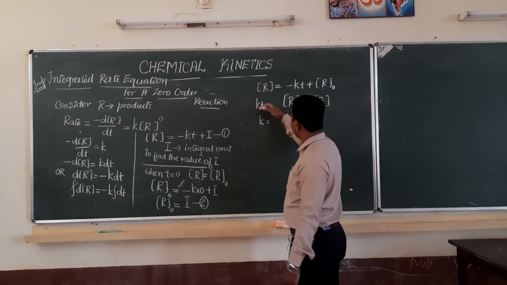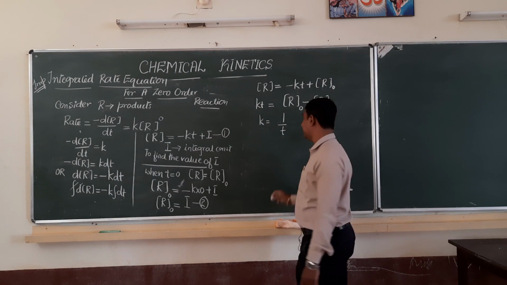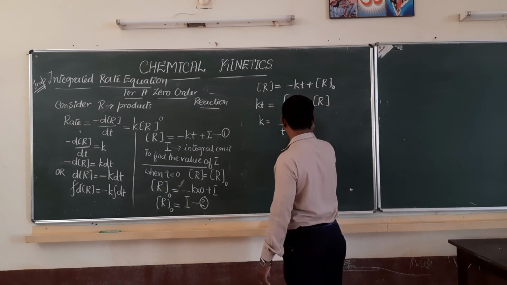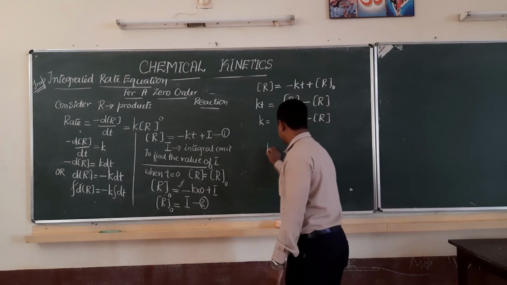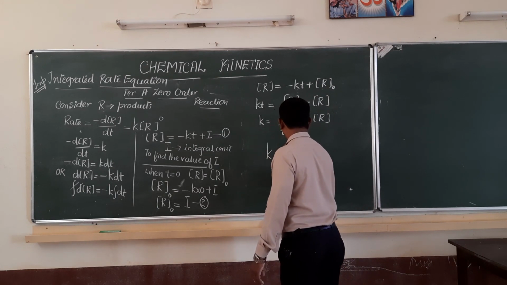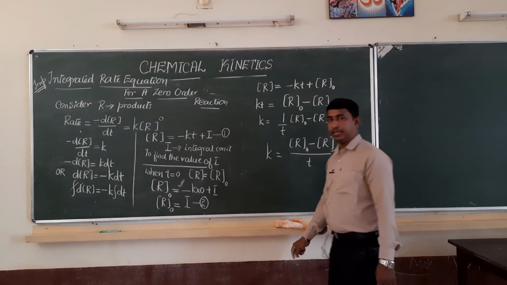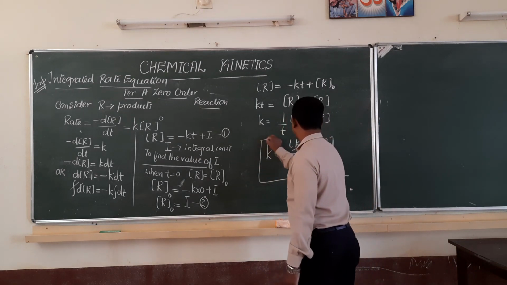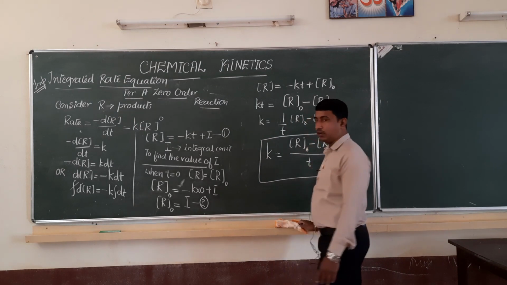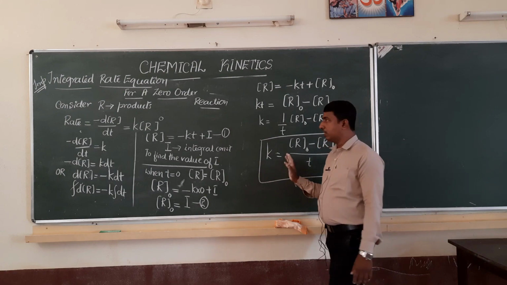When I take this t to the right hand side, it becomes 1 by t into R naught minus R. Or I can write k equal to R naught minus R whole divided by t. See, this is the integrated rate equation for a zero order reaction.